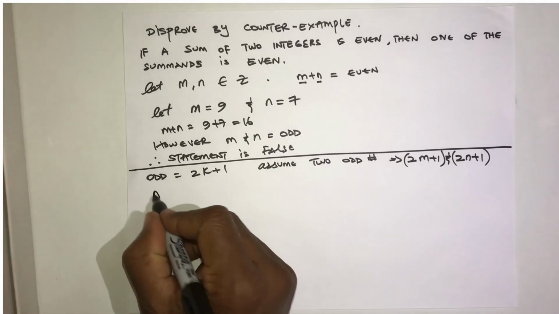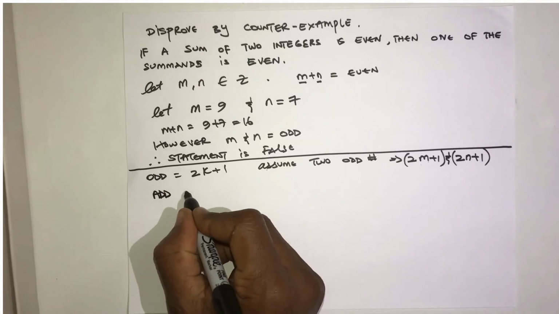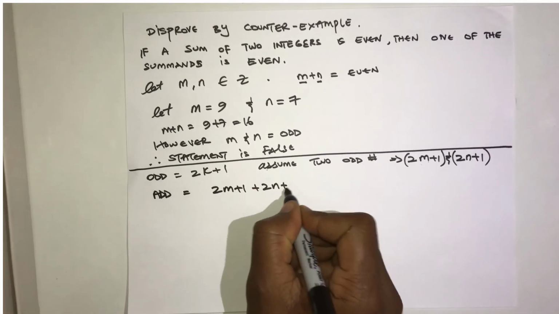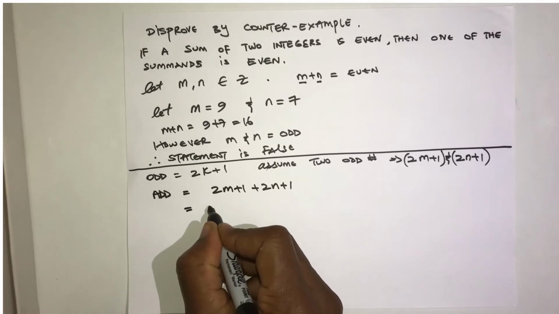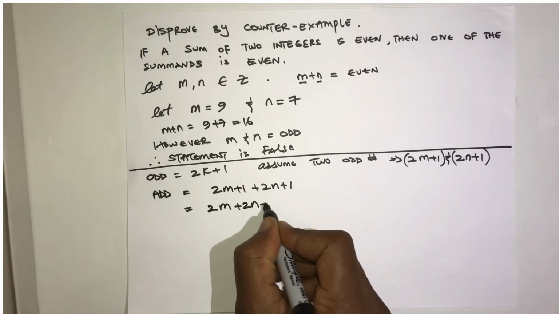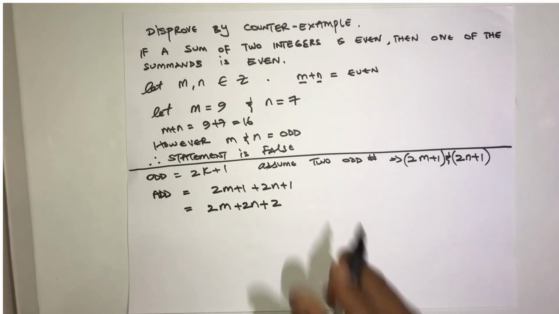So adding these, we'll get 2m plus 1 plus 2n plus 1, which is 2m plus 2n plus 2.